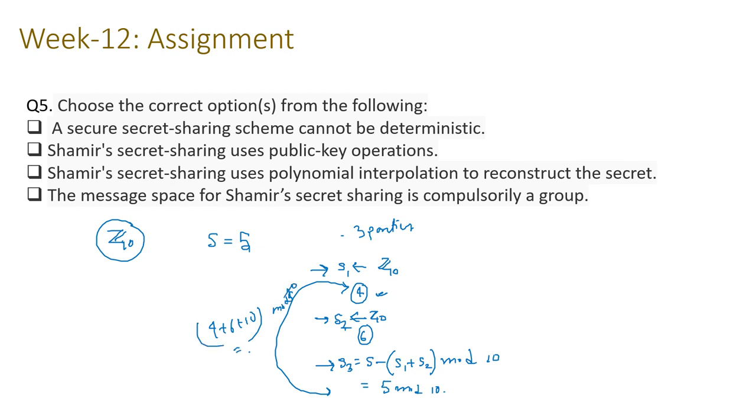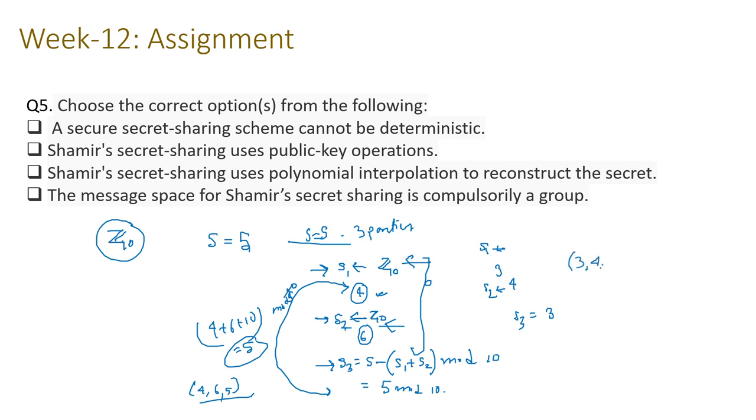Now these 2 steps, computing S1 and computing S2, will vary each time you run the algorithm. Next time it may happen that S1 gets assigned the value 3, S2 gets assigned the value 4, and then you compute S3 to be 3. So 4, 6, 5 are the shares generated the first time you run the algorithm with the secret S equal to 5. When you run the algorithm a second time with the same secret S equal to 5, you get the shares generated as this.